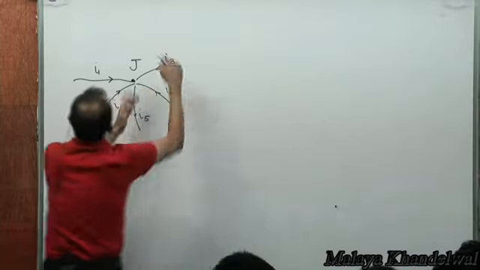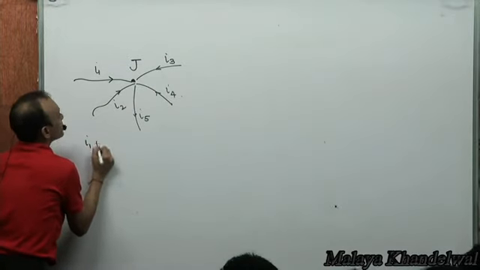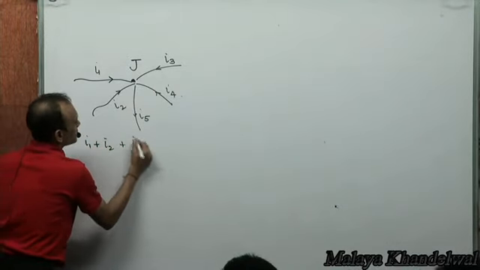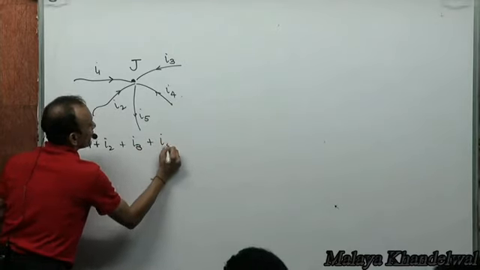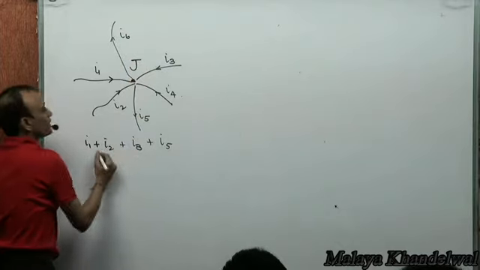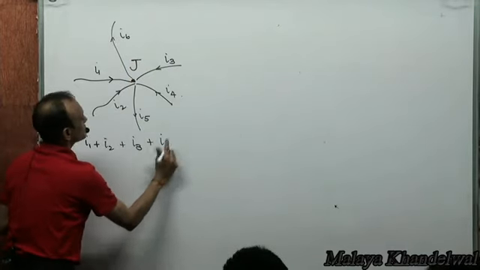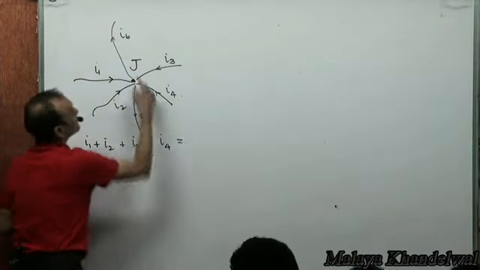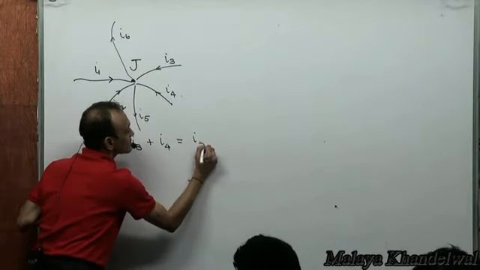So what is the current coming in, for example? I1 plus I2 plus I3 plus I4, and say I5 is one current leaving and I6 is another current leaving. So all the current that enters is equal to current that leaves, I5 plus I6.